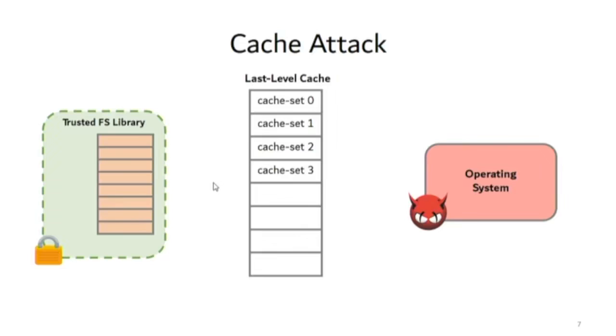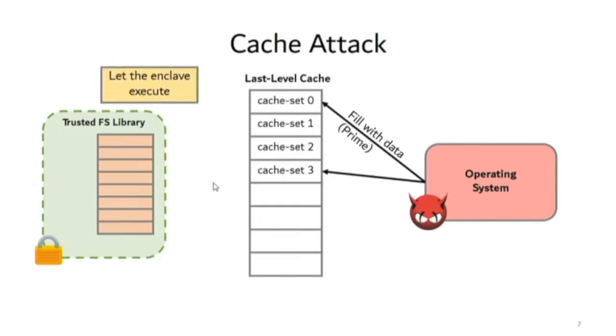For example, there is one attack called the prime plus probe attack, where the attacker simply fills different cache sets with its own data, which is called the prime phase, and then lets the victim process, which is in our case the enclave, execute.